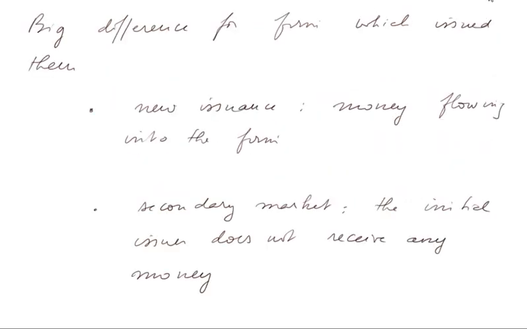There's a big difference for the firm which issued them. A new issuance of shares or of bonds is money flowing into the firm, whereas on the secondary market, the initial issuer does not receive any money.